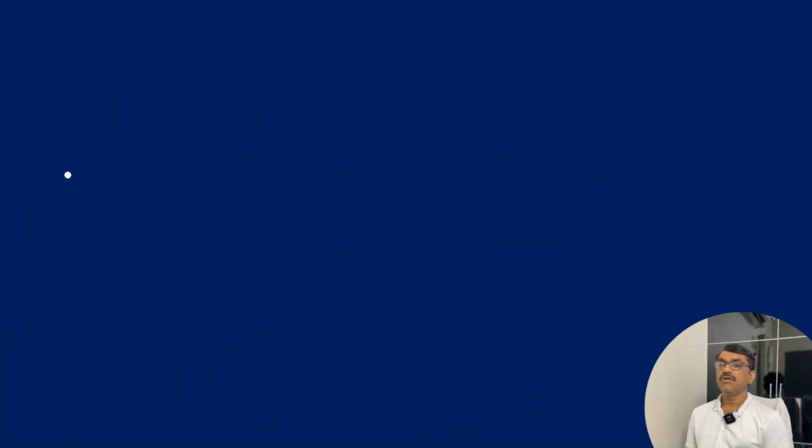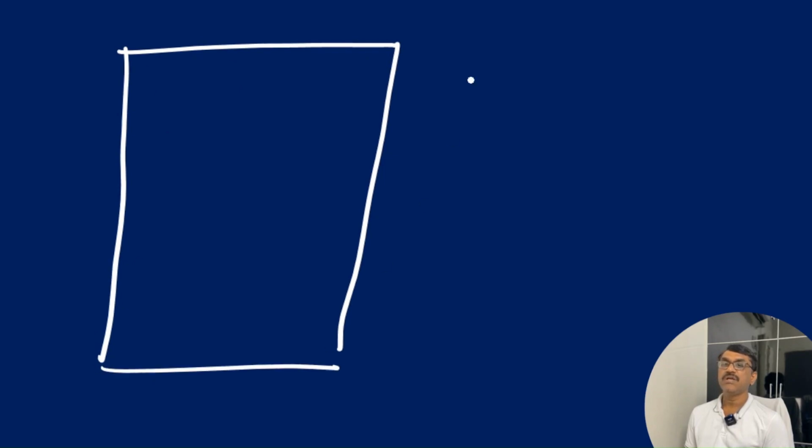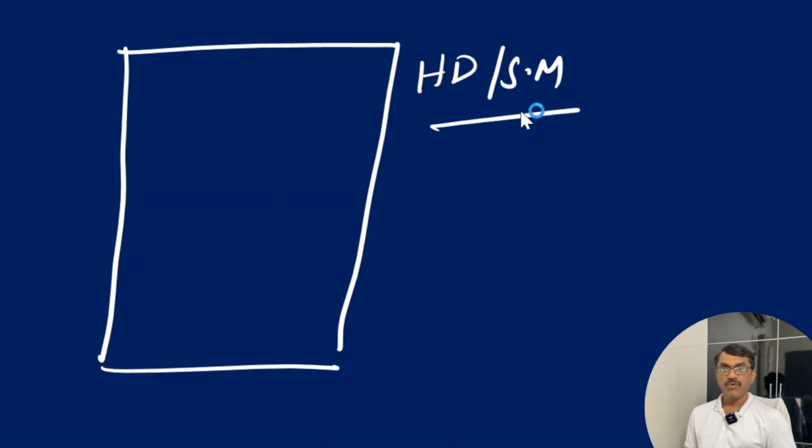I will explain what is meant by the physical abstraction of secondary storage, the overview of secondary memory in terms of physical abstraction. Let us take an example of a hard disk. That means it is secondary memory, permanent memory.